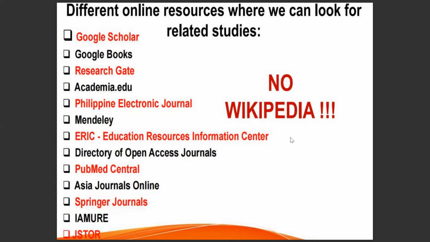And always remember, Wikipedia is a no-no. You should not cite articles or studies or literatures coming from Wikipedia because anyone could edit Wikipedia. So to make your study more scholarly, please base it on the following sites given.